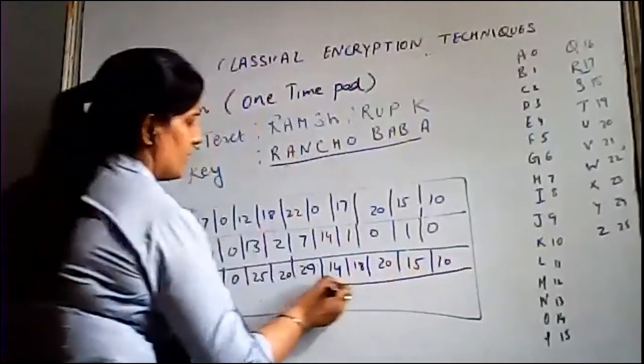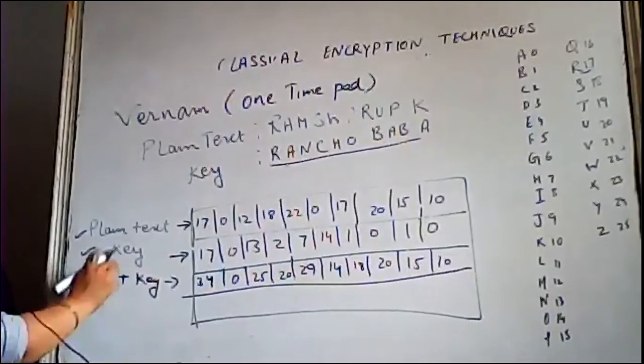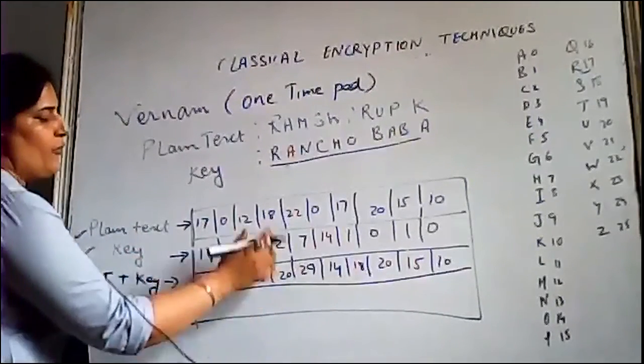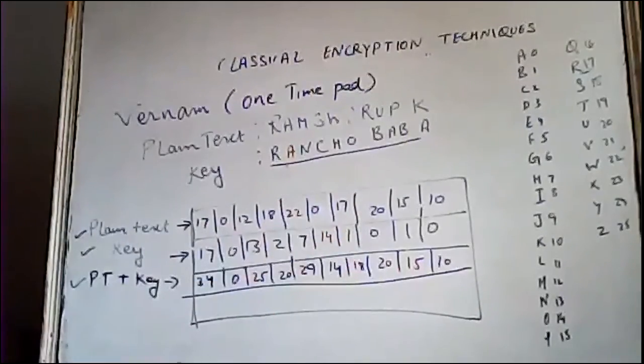So the third step is adding the plain text number with the key number. 34, 0, 25, this is the same result we get after adding the plain text numbers and the key.